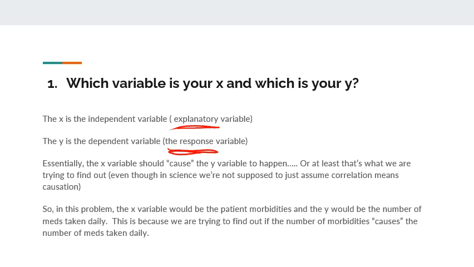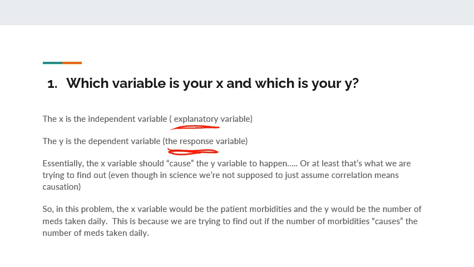Basically, the idea is we want to see if the X is going to cause the Y to happen. Now, I know in science we're not really supposed to think that X causes Y, because having a correlation does not always mean causation. It doesn't necessarily mean that it's going to cause it.